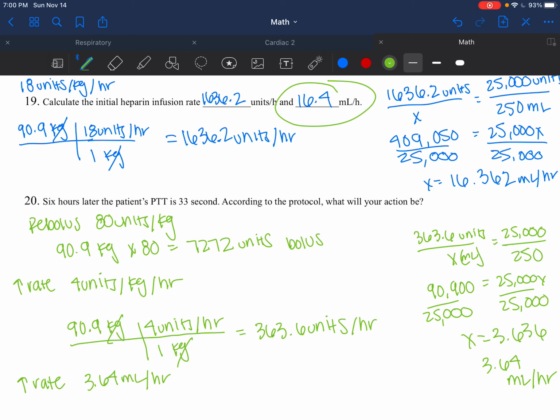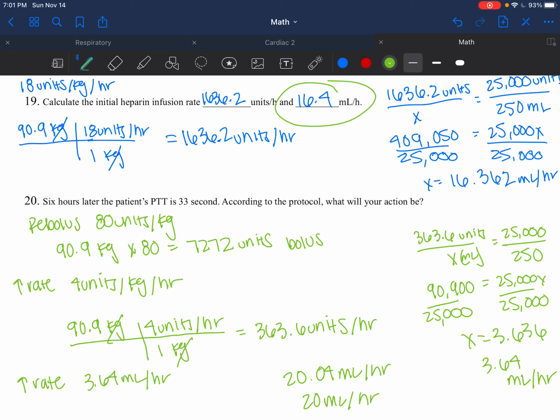You're just going to have to read the question and see what it asks. So if it asks for the new rate, we would do 16.4 plus 3.64, and our new rate would be 20.04, or 20 mils per hour. If it just asks how much you're increasing the rate by, you would just say you're increasing it by 3.64 mils per hour. But normally they're not going to ask you that.